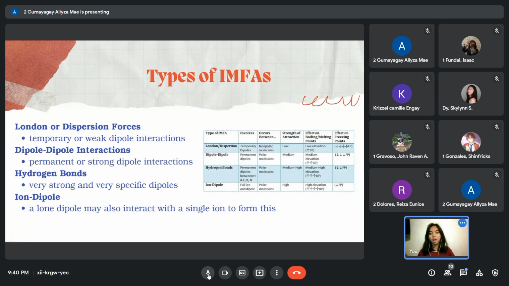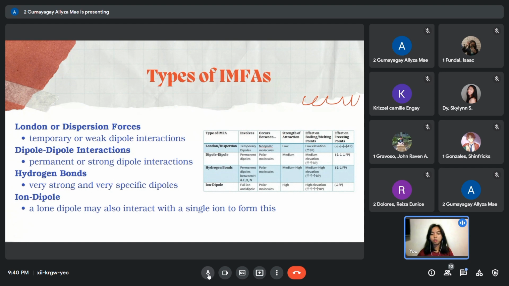It happens between two polar molecules. The third one is the hydrogen bonds. Very strong and very specific dipoles. It is a special type of dipole-dipole interaction. And lastly is the ion-dipole. A lone dipole may also interact with a single ion to form this. So this may not be a true IMFA, but we will still call them IMFA.